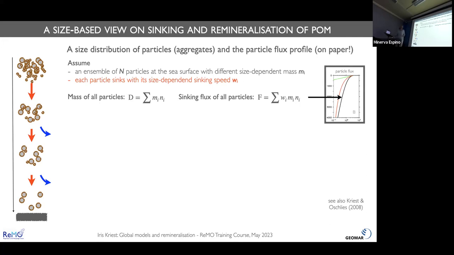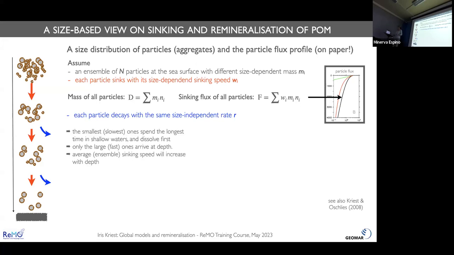The sinking flux, for example, in this case, would look like this black line here. So very different to the exponential function. And now let's assume, as we've heard today, that each particle decays with the same size-independent rate r. And this relates back to these aggregate observations presented by Morgan earlier.